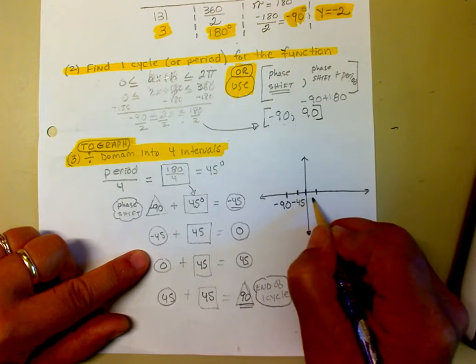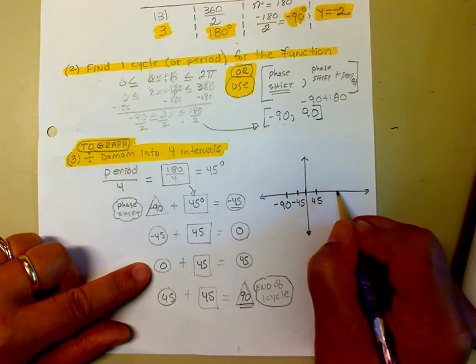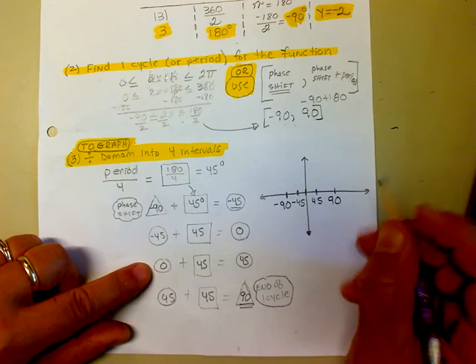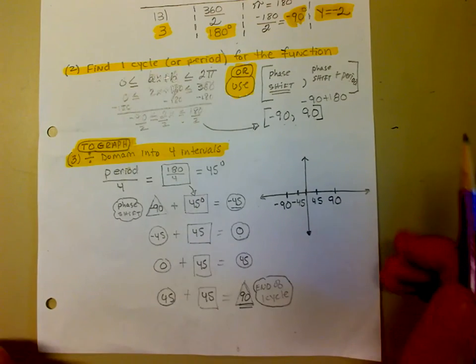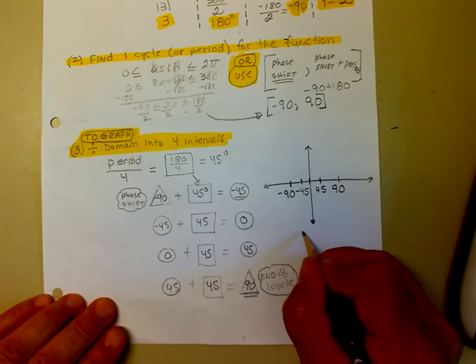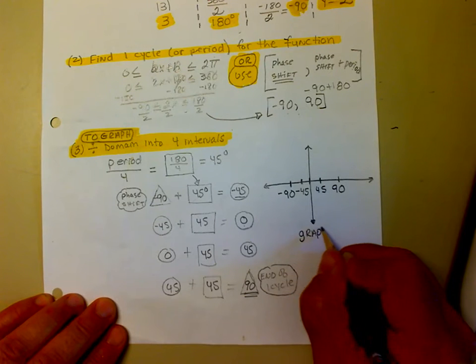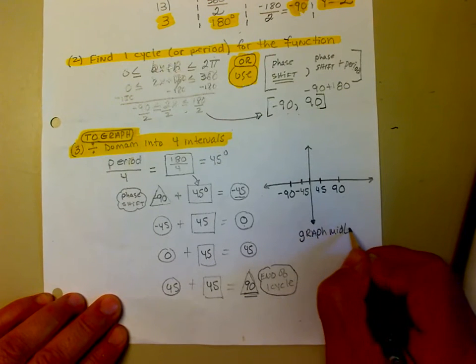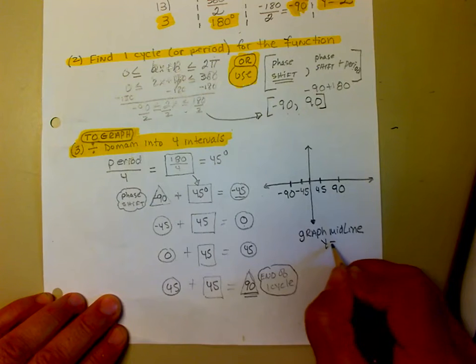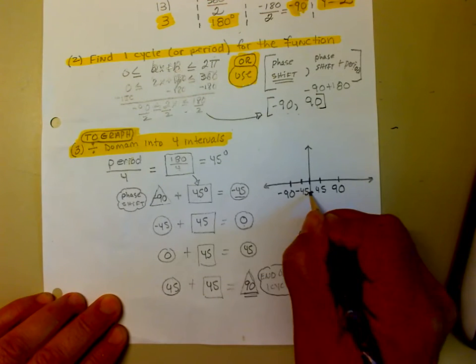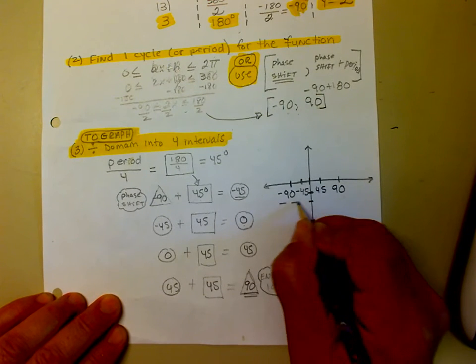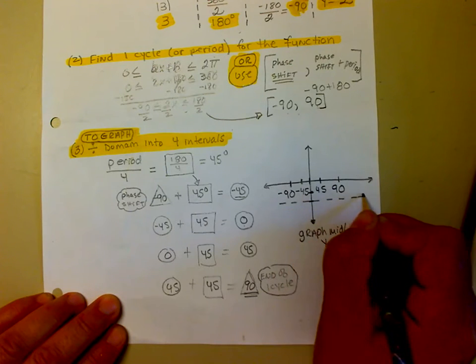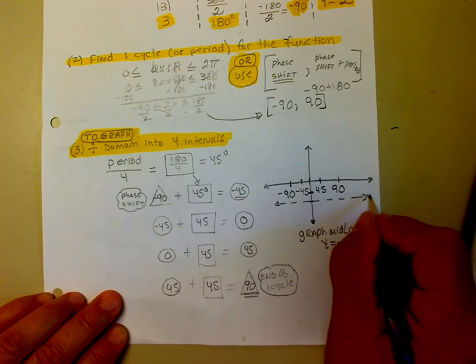Then we'll go to positive 45, and then 90. One thing we have to keep in mind is we need to graph the midline, which is at y equals negative 2. So I will graph my midline at y equals negative 2.